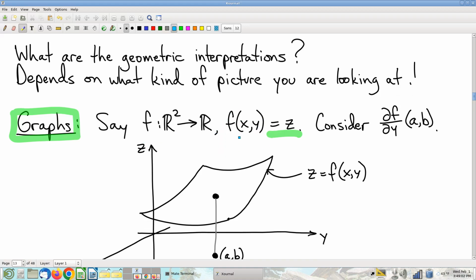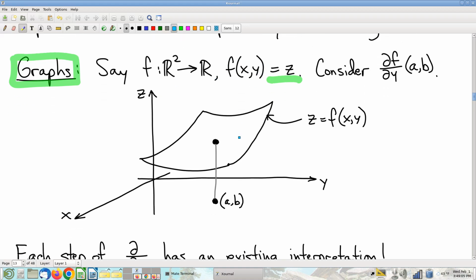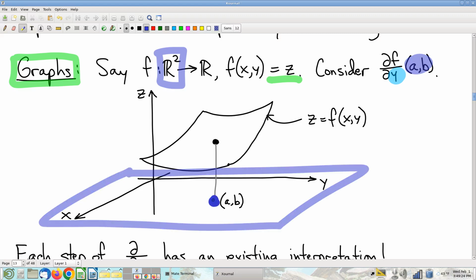I want to consider the y partial of this, just to get the ball rolling. Partial with respect to y, specifically when I'm at this point (a, b) in the domain. Keep in mind our domain is the xy plane down here, and so we're looking at this point (a, b). At that point, what is the y partial of this function, and more to the point, what does it look like on this picture? Everybody see the question we're asking here?